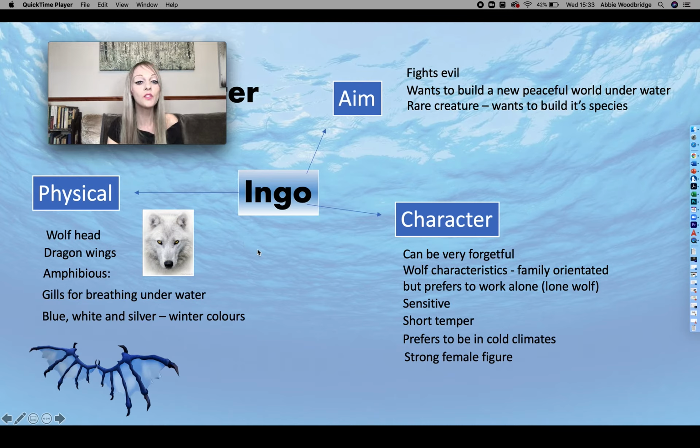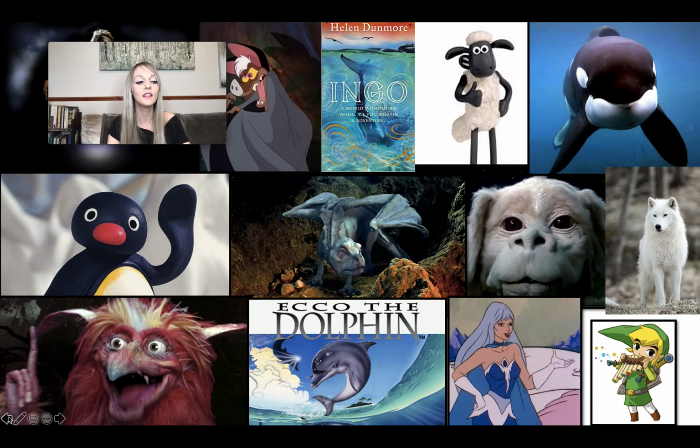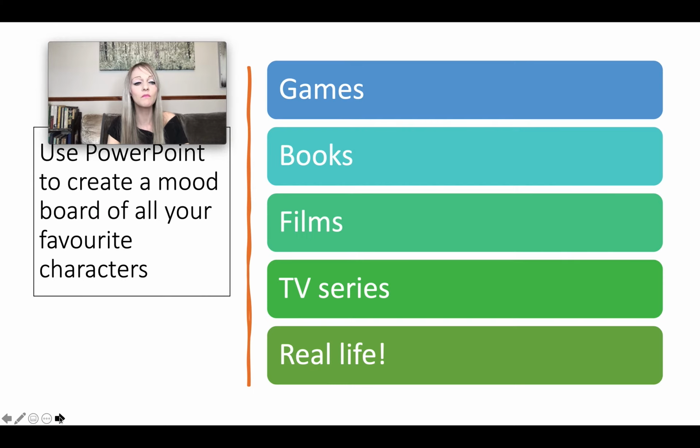So what I want you to do is, first of all, create your mood board like mine. Okay? It's up to you how many characters, well, I say up to you, the minimum of 10 characters. And you will get there. You can use anything you want. Like I've said, games, books, films, TV series, so your favourite actors, their characters.